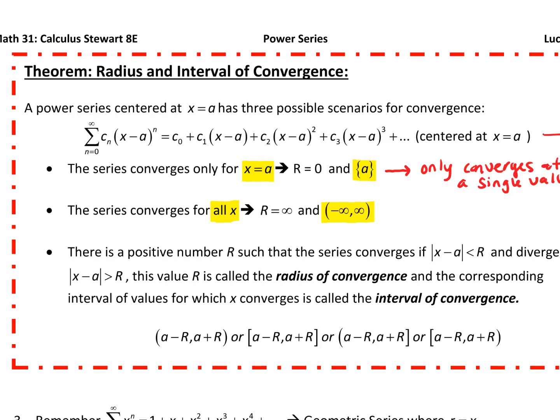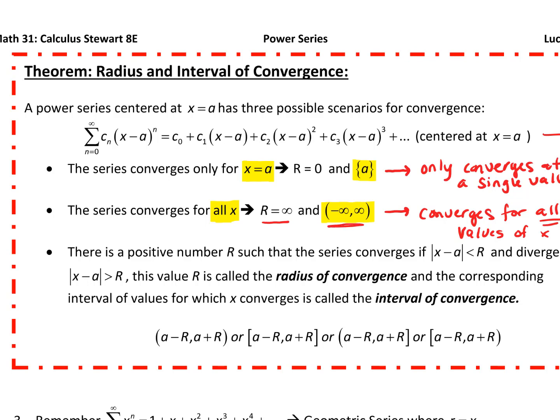So this converges everywhere, for all values of x. Okay? It doesn't matter, we can plug any x in. So then we get what's called a radius of convergence of infinity and an interval of convergence from negative infinity to infinity.